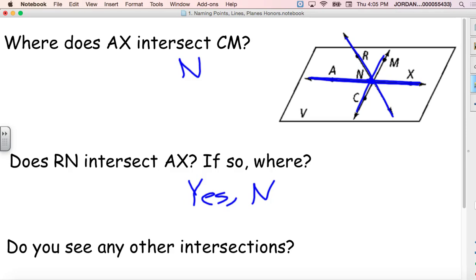Hopefully you noticed that AX and CM also intersect at point N.